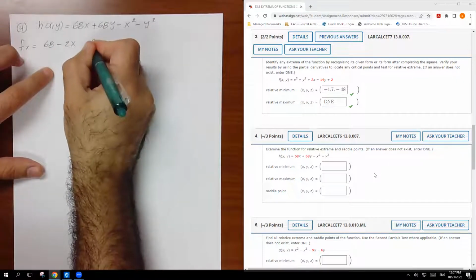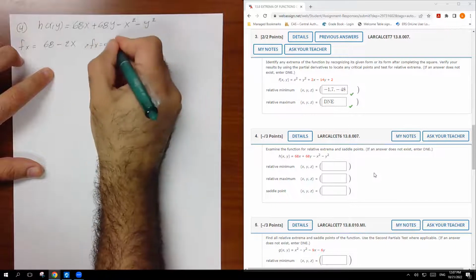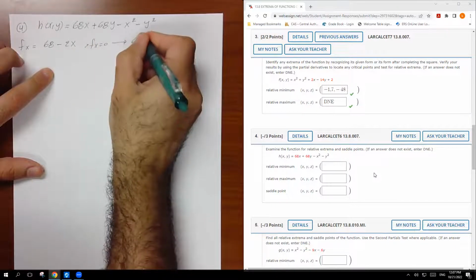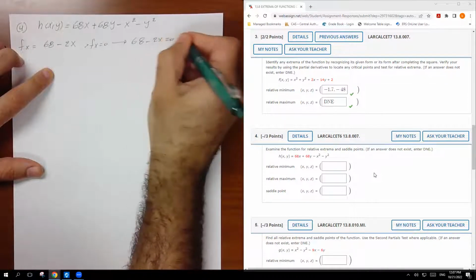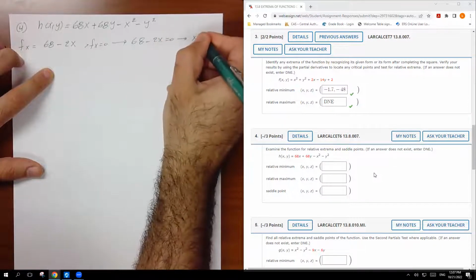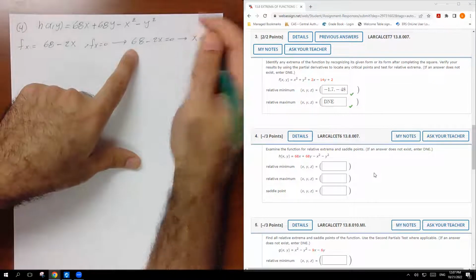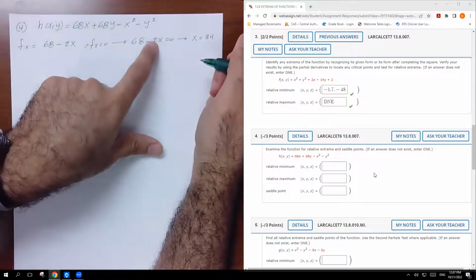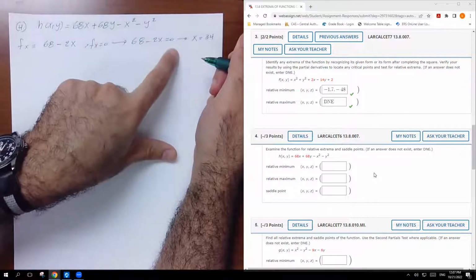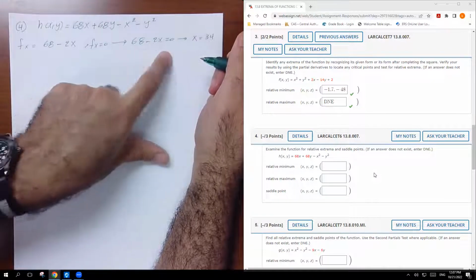Now set f sub x equal to 0. That means 68 minus 2x equals 0, so x equals 68 divided by 2, which is 34. We move the negative 2x to the other side and divide both sides by 2.